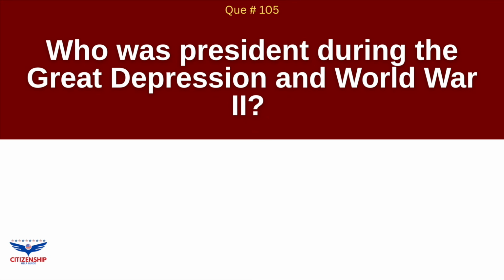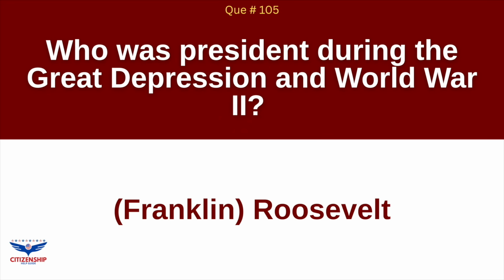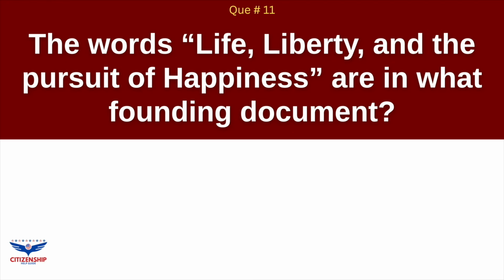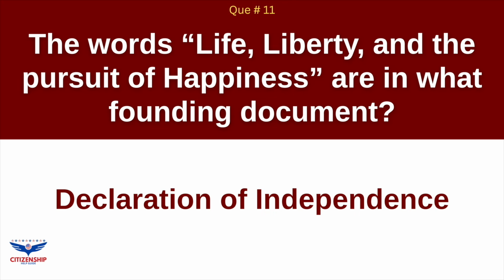Who was president during the Great Depression and World War II? Franklin Roosevelt. The words life, liberty, and the pursuit of happiness are in what founding document? Declaration of Independence.